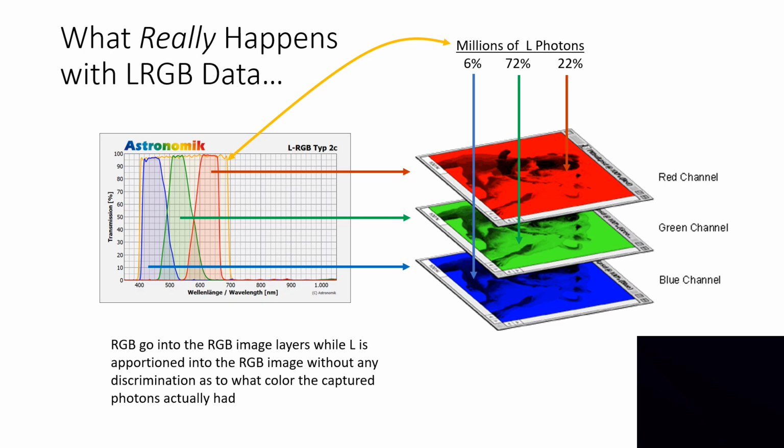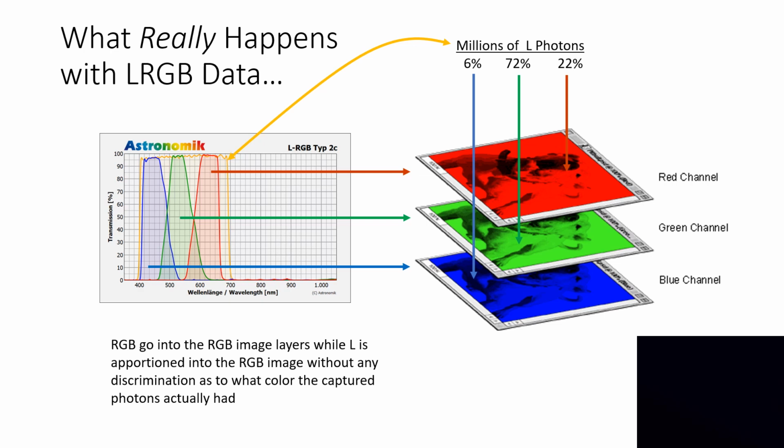So what really happens when we add L to an RGB image, just so we fully understand? Well, let's say we took images through 4 filters: red, green, blue, and in yellow here, the L filter. The red, the green, and the blue pretty much cover the same range of photons as the L filter.